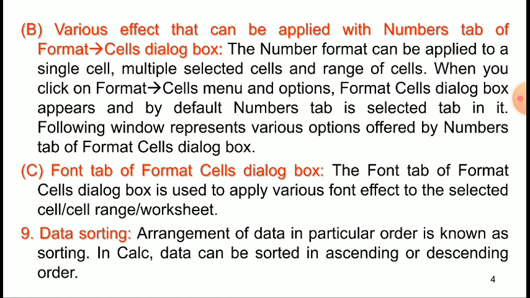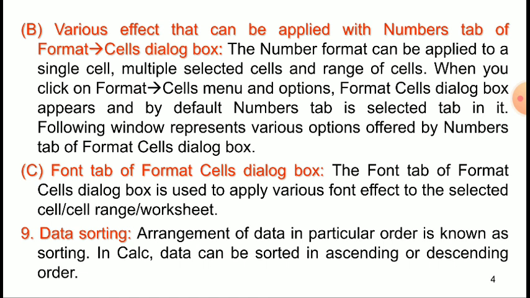The Category option of the Numbers tab provides various formats such as number, date and time, currency, percentage and so on. The Format option provides formats for the appearance of the selected numbers. The Language option allows you to change regional settings.